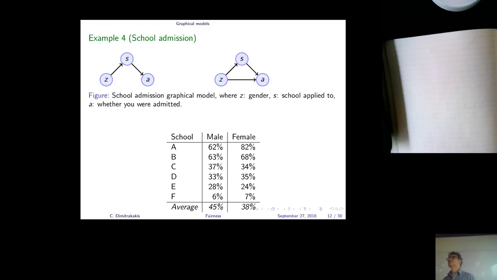But maybe it's not good, because maybe all females are better, so you should accept more females. But let's say that this is what you want: you want your actions to be independent of the gender given the school. In that case, you should have a way to distinguish between those two models. In one model you have a dependence, and in another model you don't have a dependence anymore. So how can we distinguish those two models?